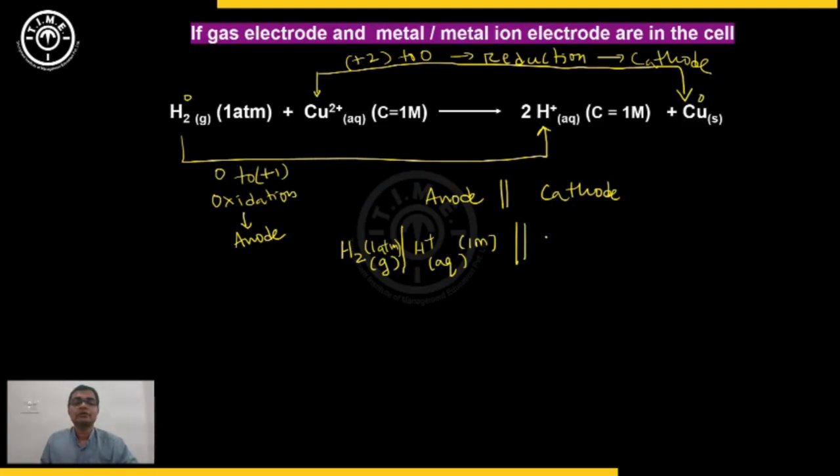And the cathode notation: Cu2+ ion, aqueous state, concentration is 1 molar, single vertical line, and copper is solid. Aqueous and solid phases are separated by a single vertical line. Their concentrations and pressures are mentioned in small brackets adjacent to their species. Now, in the hydrogen gas electrode, generally we use an inert electrode. So platinum is used as an inert electrode. Solid and gas are separated by a single vertical line. This is the cell notation for this electrochemical cell.